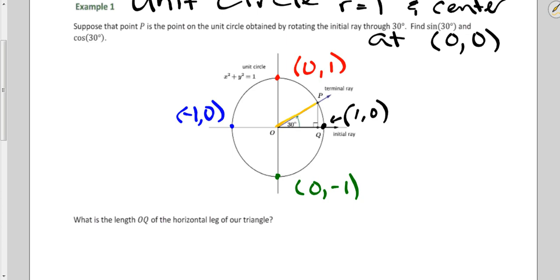I'm asking Jesse, what's the radius of my circle? 1. So what's the length of this piece right here? 1. Okay, so my length is radius equals 1. Good. Now, what's my angle?